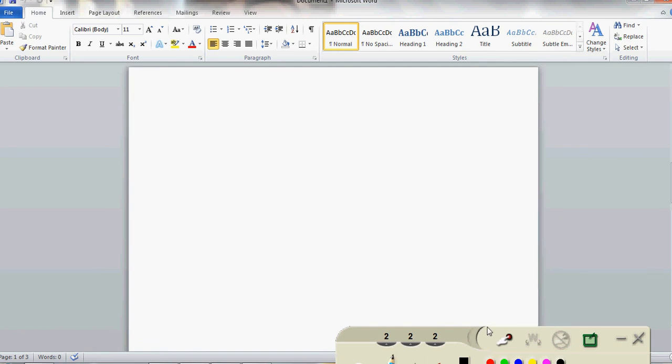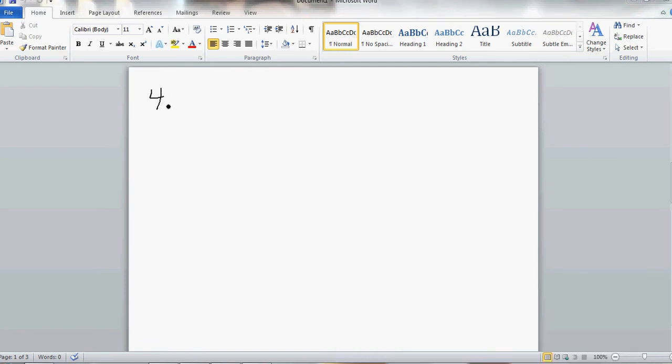Now, example 4. Example 4 has a slight bit of a problem. So let's start with where we begin and then go from there. Now the first thing we need to do is get everything to one side and 0 to the other, and that's the big difference here.